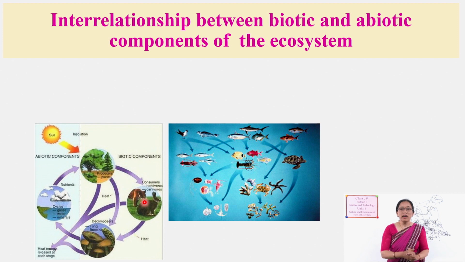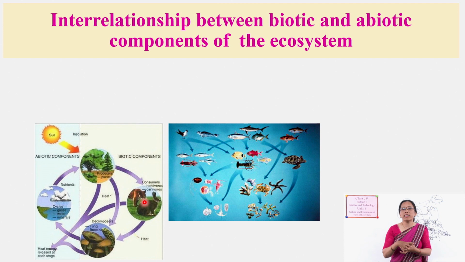ecosystem. And again, if these living organisms will not breathe, then how will the carbon dioxide and oxygen be balanced? Okay, if they will not die, how will the humus be formed? So they are interrelated with each other in different ways.